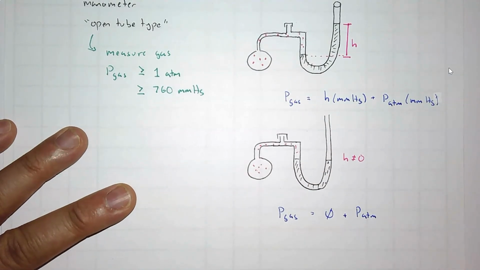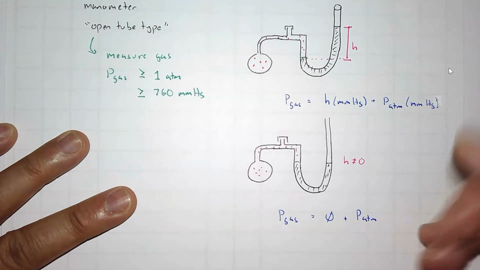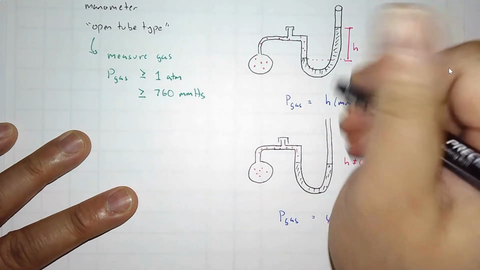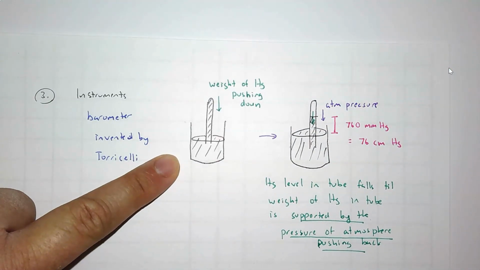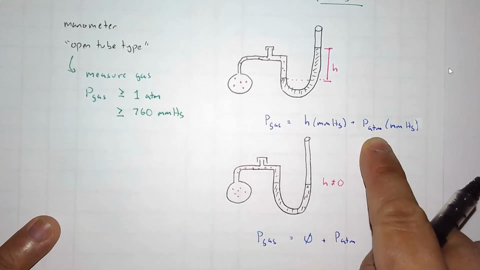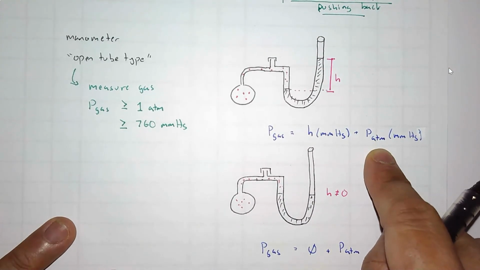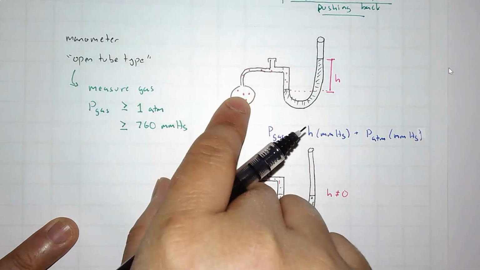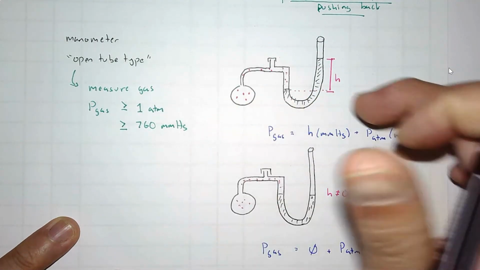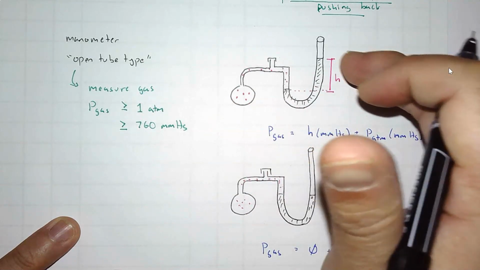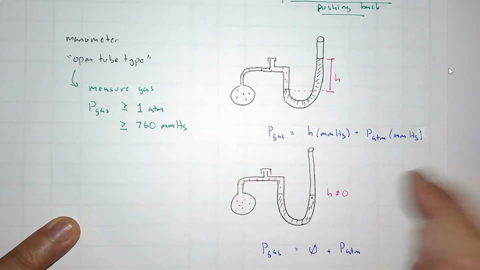Alright, so you just take the atmospheric measurement using a barometer, and you have now this number here, and then use a manometer to measure the difference, how hard the gas is pushing against the mercury, which is being pushed out again by the atmosphere.